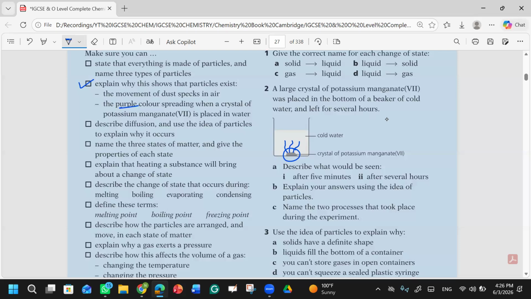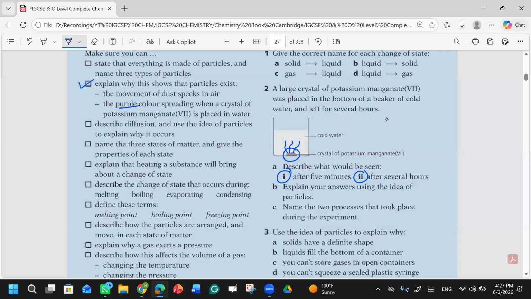Clear? What will happen after several hours? After 5 minutes there will be a light purple color, and after several hours what will happen? Will the intensity of the purple color increase or decrease? Increase. Yes, so we will say that after several hours the solution will be dark purple in color.